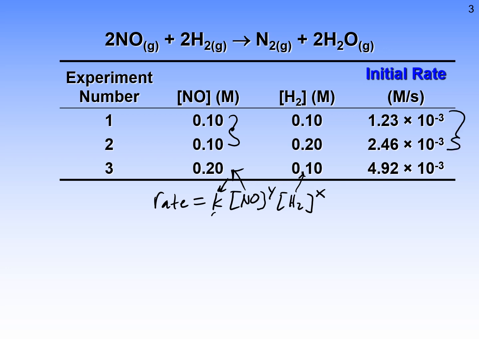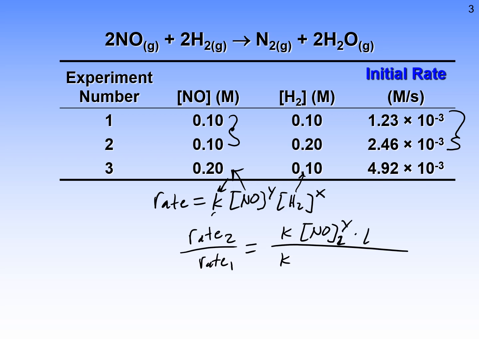If I use these 2 rows, I can say rate 2 over rate 1 has to be equal to K over K times the NO concentration 2 to the power of Y, times H2 concentration 2 to the power of X. And down here it'd have to be NO 1 to the power of Y and H2 1 to the power of X. If we plug some values in here, we have the rates and the concentrations.